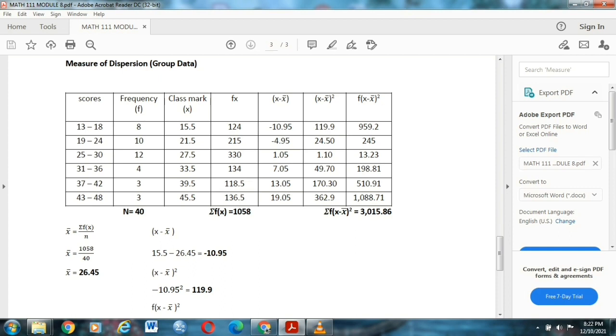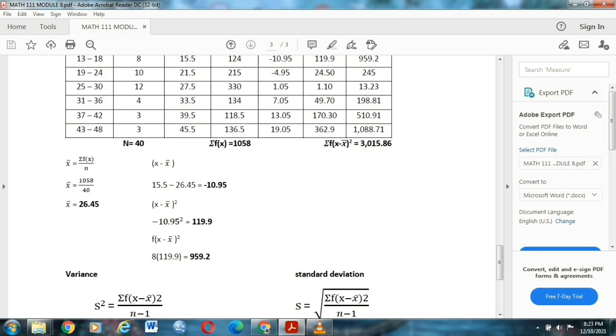Alam naman natin ang formula, kung ano yung nasa formula ng kukunin natin, yun lang yung hanapin natin. Since nandun sa variance at standard deviation, yun lang ang mga kukunin natin.